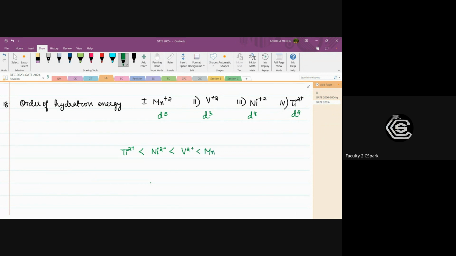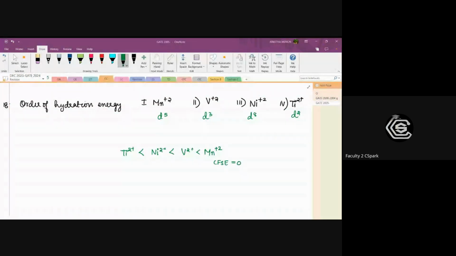Manganese +2 has a CFSE of 0. It will be very reactive, but that is not the only reason. The size and electronegativity all matter, and hence the combination of factors explains the order.